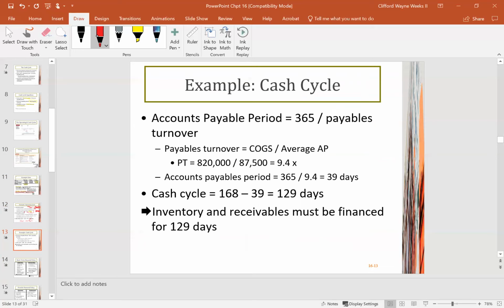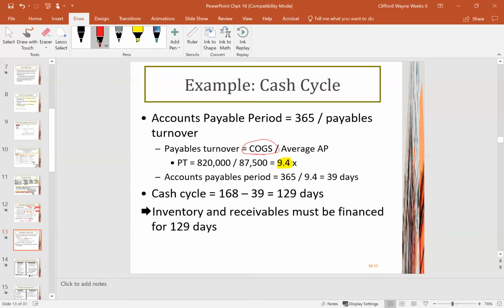We're going to take the cost of goods sold divided by the average accounts payable. So beginning and ending, add them together and divide by 2. And then we come up with this number, 9.4. Not days, that's times.